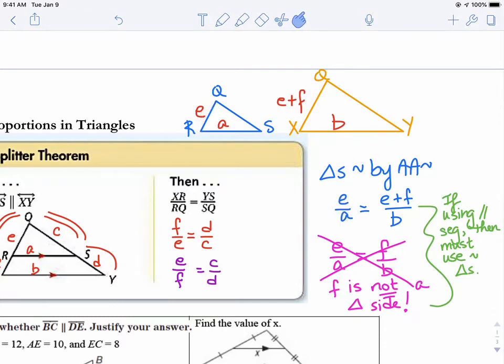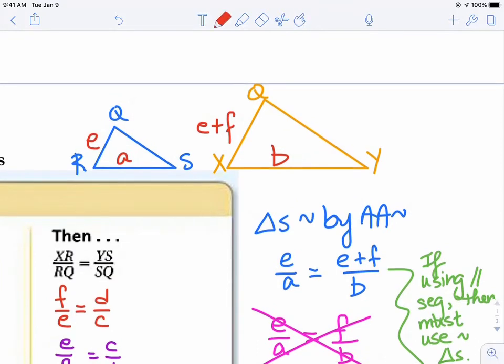And again, you can use any equivalent proportion. So if you want to say E is to E plus F, and kind of bounce back and forth between the triangles, that is to that, as A is to B.